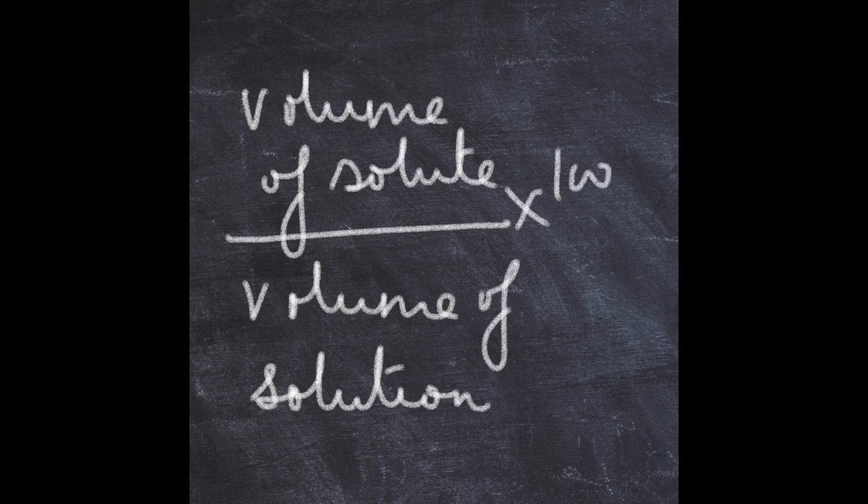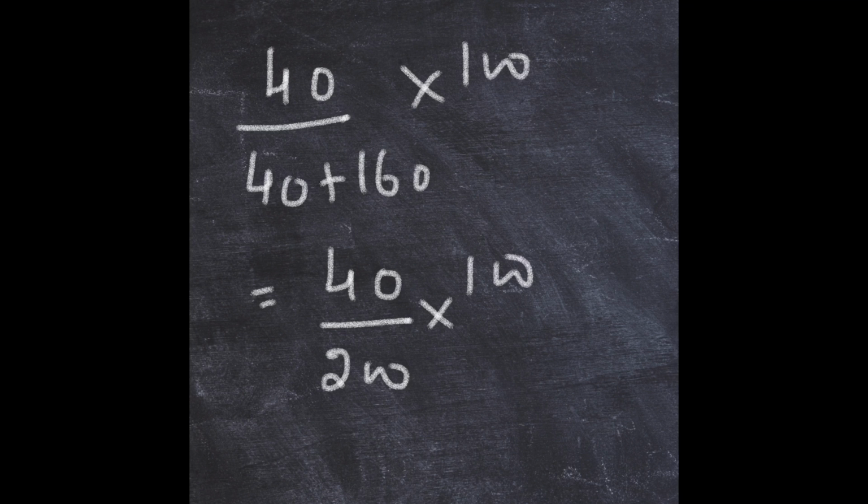So its volume by volume percentage will be 40 upon 40 plus 160 into 100. So this comes as 40 upon 200 into 100, and this becomes 20%.